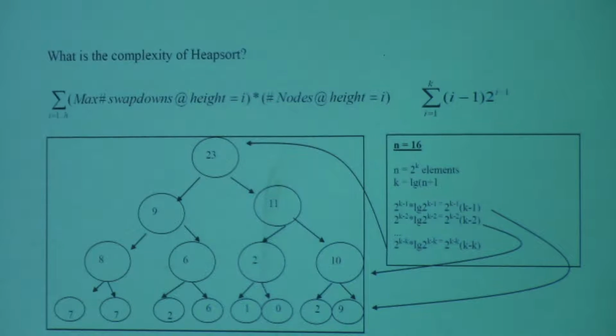So notice that if I am at height equal to i, let's say i is equal to 1. What is height equal to 1? How many nodes are at height equal to 1?